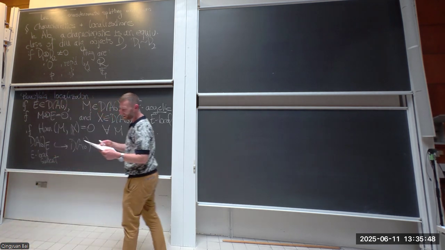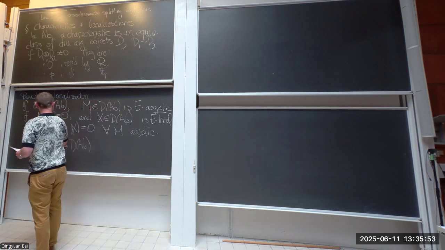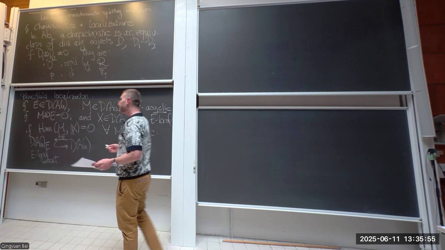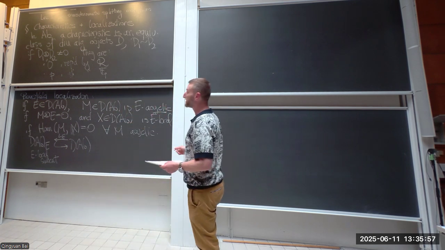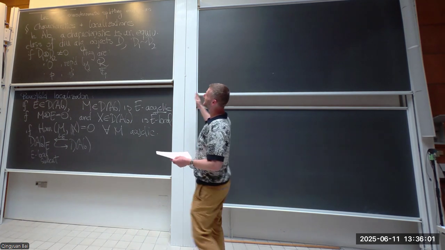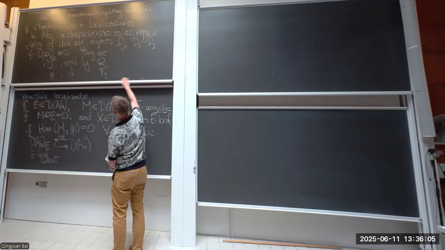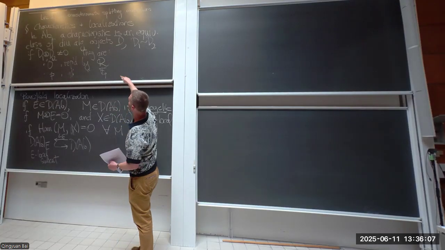But then there's going to be a left adjoint to this inclusion, which I'll call L_E. This is the Bousfield localization at the object E. So let's just review how this works in the situation of these two characteristics, where the role of E may be played by Q or FP.